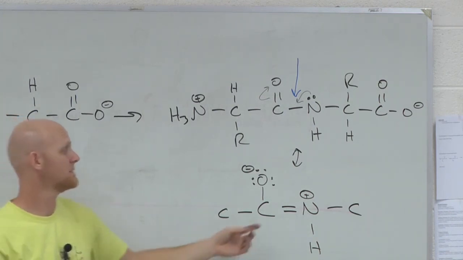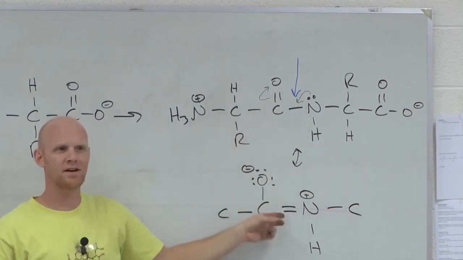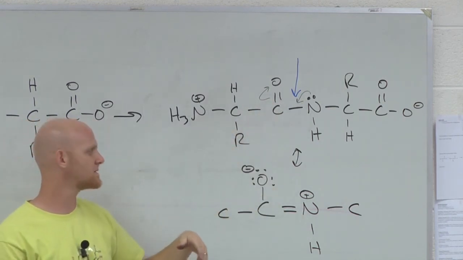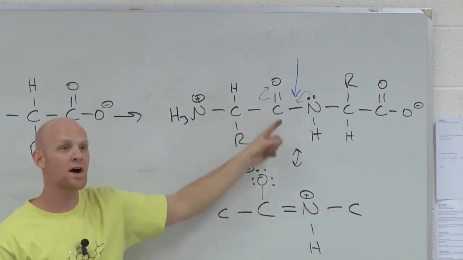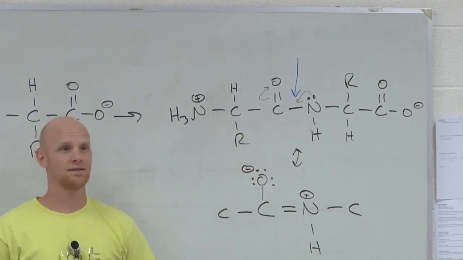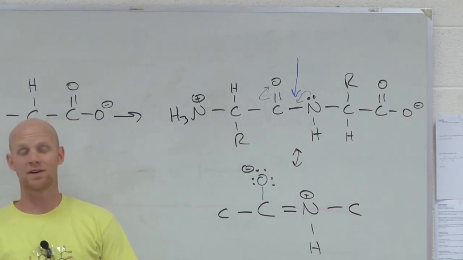In this case, because this has a significant amount of double bond character, I think somewhere around 40% double bond character, this bond here, regardless of how you draw it, is not free to rotate to any appreciable degree. It's very planar.